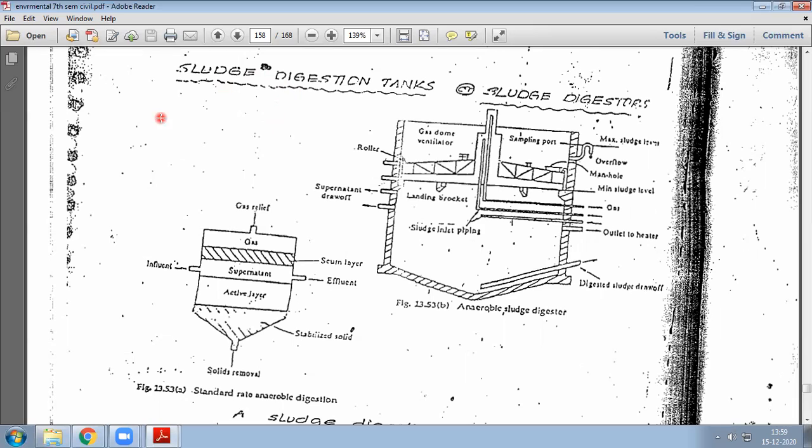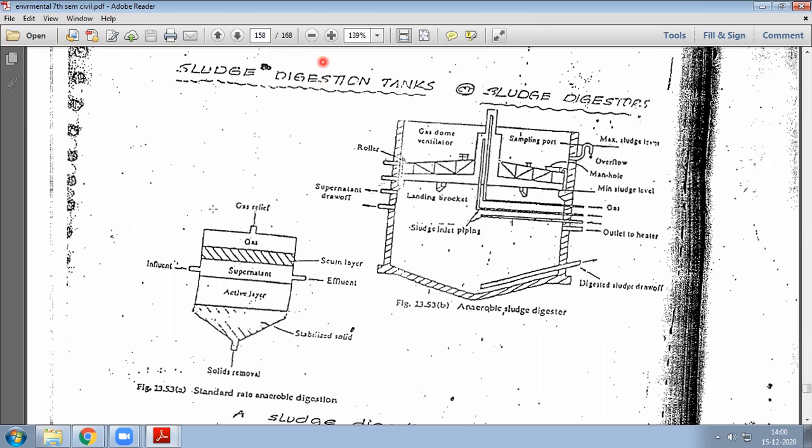So how will you completely convert that sludge? Some liquid will also be there, right? In sludge, it's not completely solid like soil. So we have to completely digest that also and make it into nutrients that farmers will use, they will buy. So up to that level we have to convert. So it starts with sludge digestion tanks and then you have sludge digestion beds also. So two processes are there.